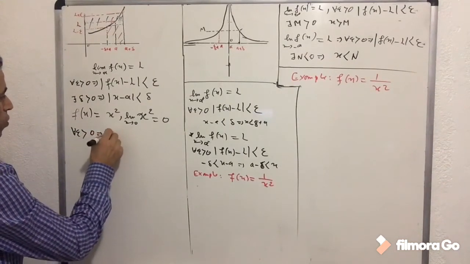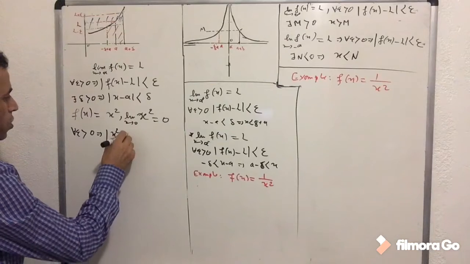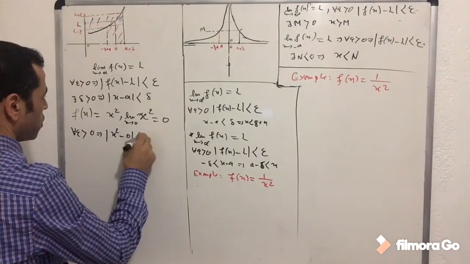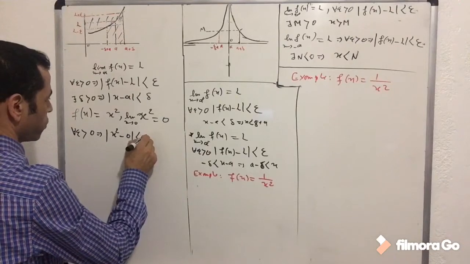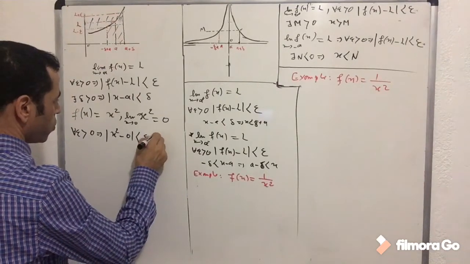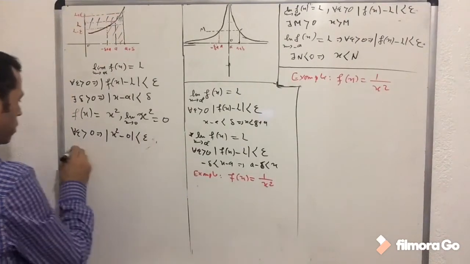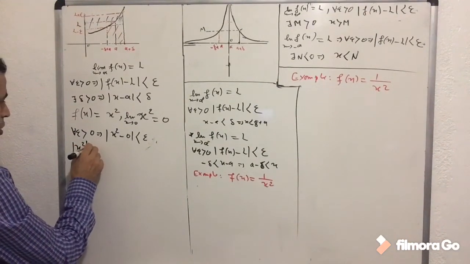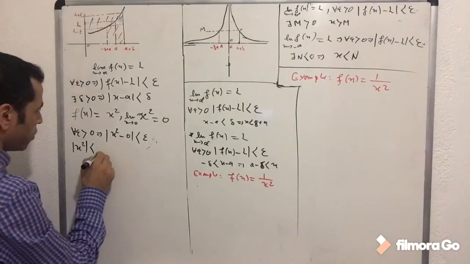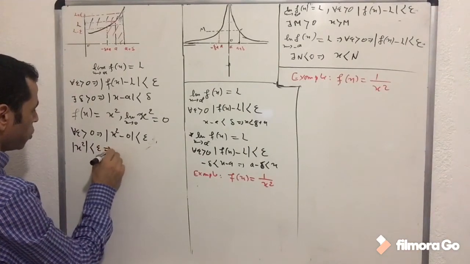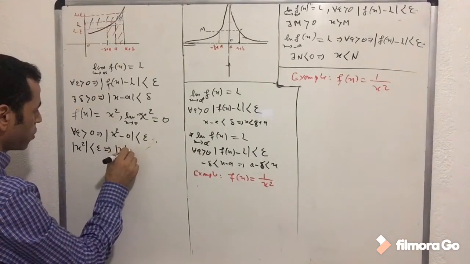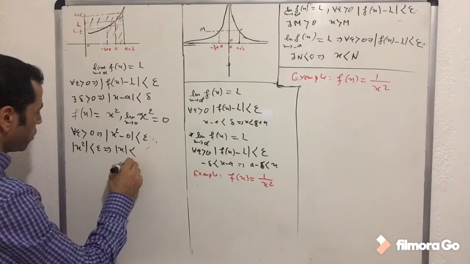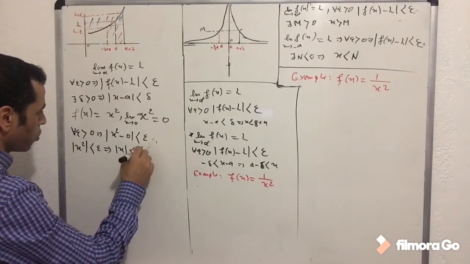So the absolute value of f of x, which is x squared minus 0, strictly inferior than epsilon. Okay, so that means x squared is inferior than epsilon, which is absolute value of x is strictly inferior than square root of epsilon.